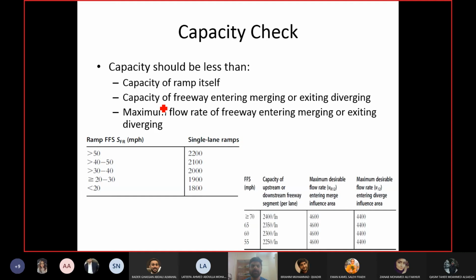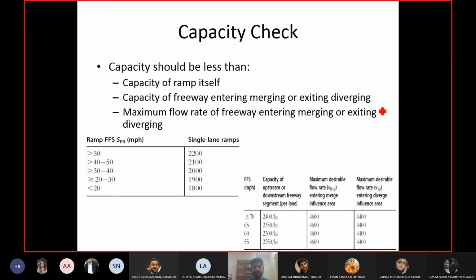That capacity should also be less than the freeway entering the merging or exiting the diverging area, meaning the freeway area which was before the merging and diverging. Okay, the basic freeway segment, the capacity of the basic freeway segment. This is what you can say.